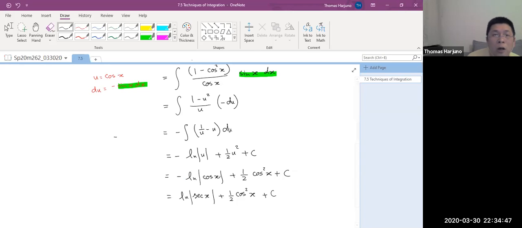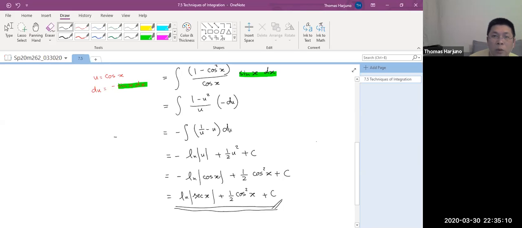Now, I have to keep reminding you that in techniques of integration, the result that I have here may not be unique. For example, it is possible that somebody does it another way and gets instead of 1/2 cosine squared x, 1/2 sine squared x.